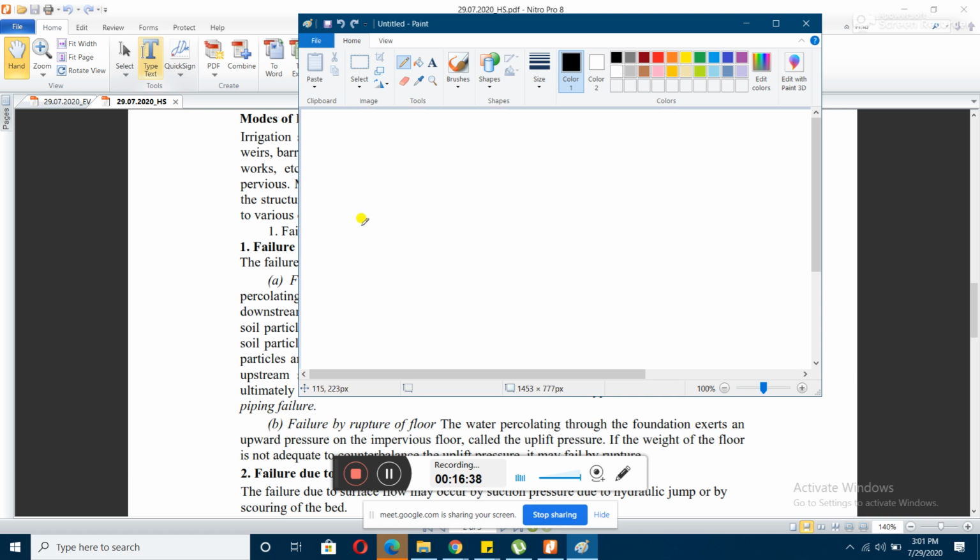What do you mean by surface flow? Surface flow means there is a flow of water from the top of the surface during high tides or rainy season. There is flow from the top of your crest. This is known as the surface flow.